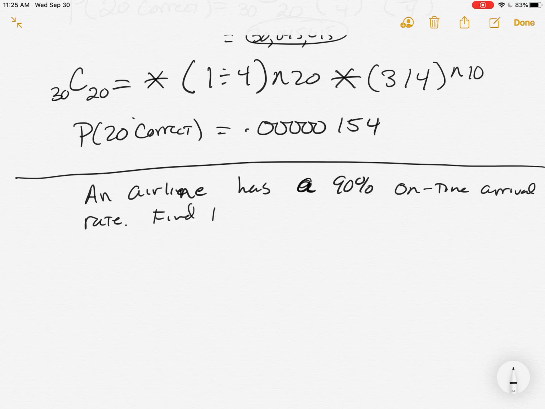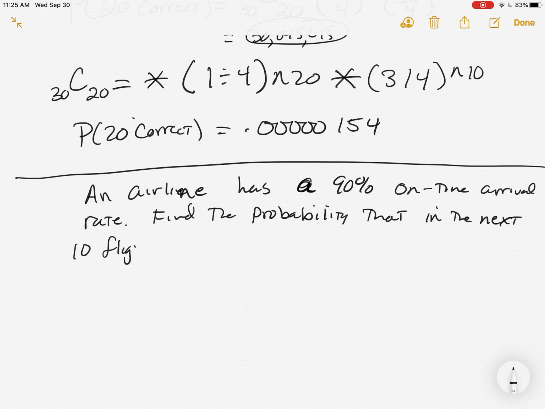Find the probability that in the next 10 flights, at least 8 arrive on time. Okay, that's what they're going to ask, some question like that, but they're going to be folding in the at least and the at most.